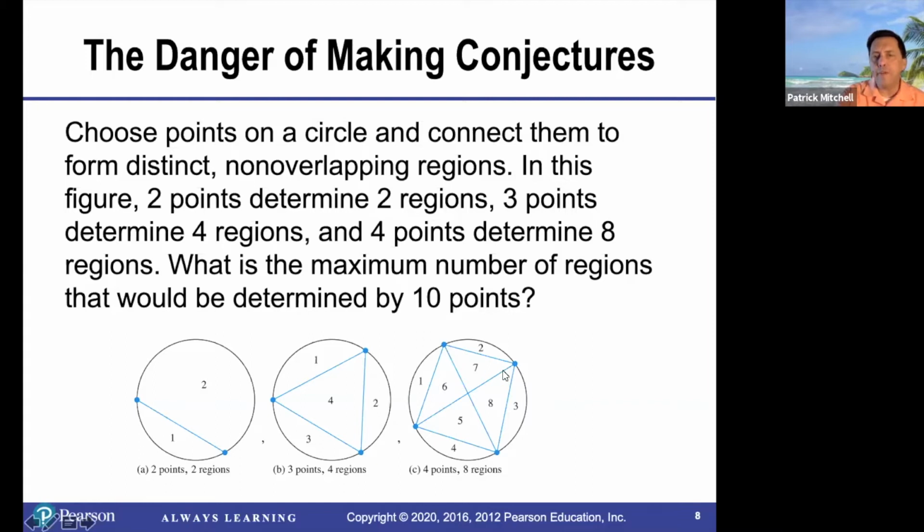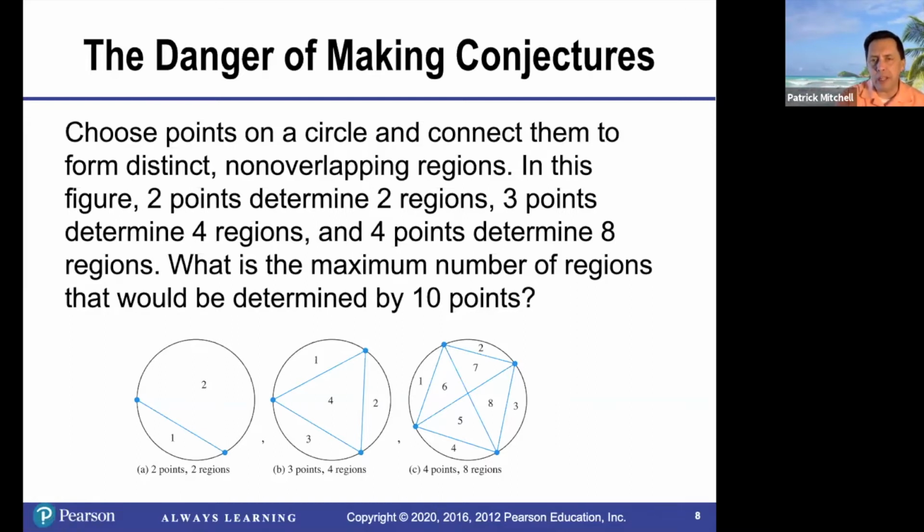And if we put 4 points on the circle, once you get to a certain number of points, you have to be careful about avoiding symmetry. This is supposed to be any arrangement of points. So it's good when you're drawing these pictures to not make the points evenly spaced, because what you want is to get the maximum number of possible regions.